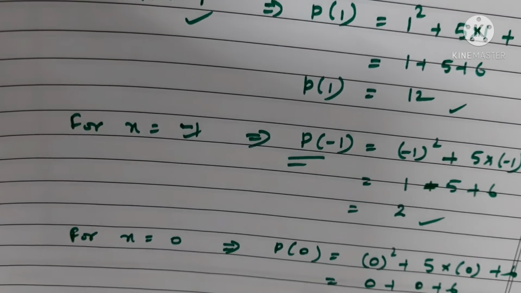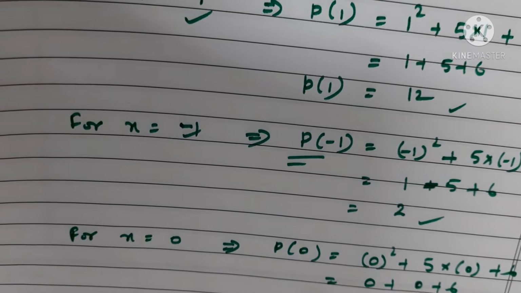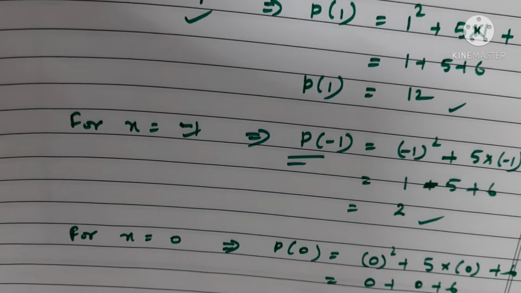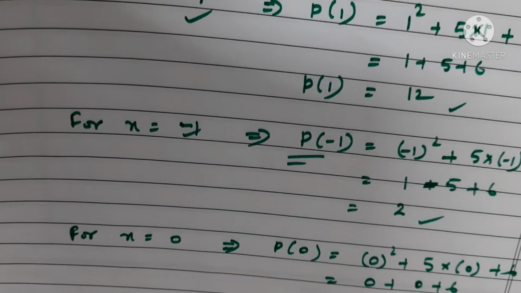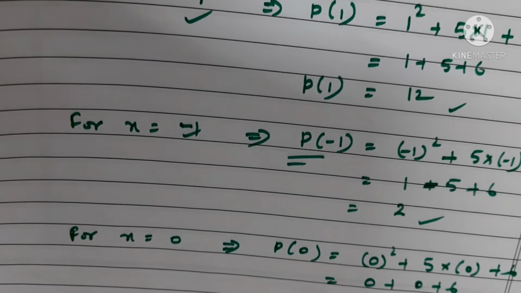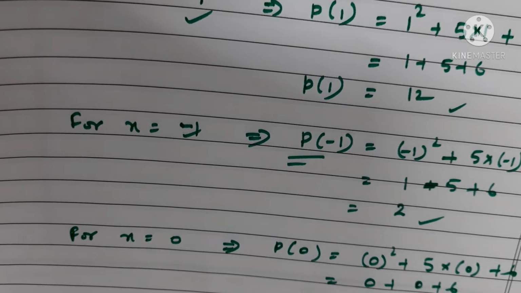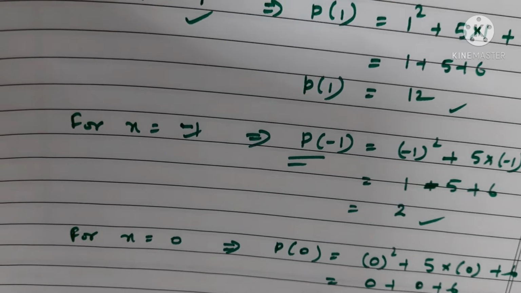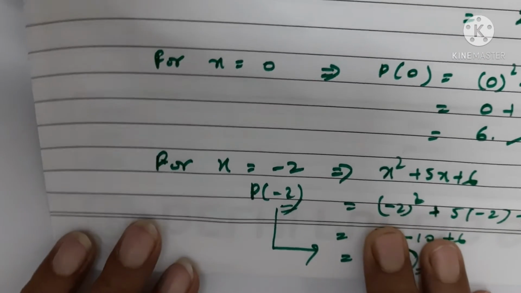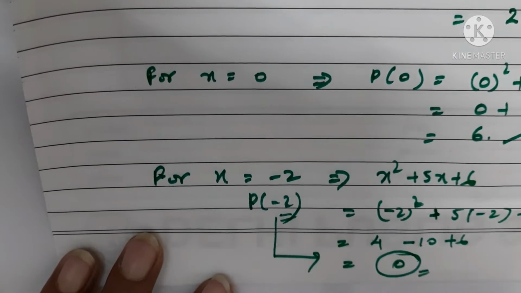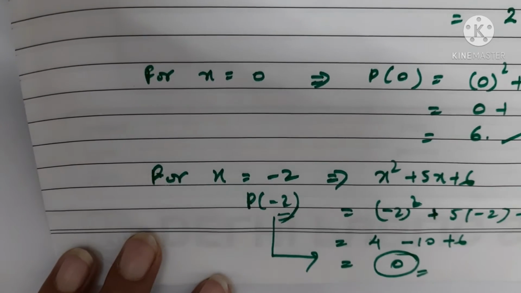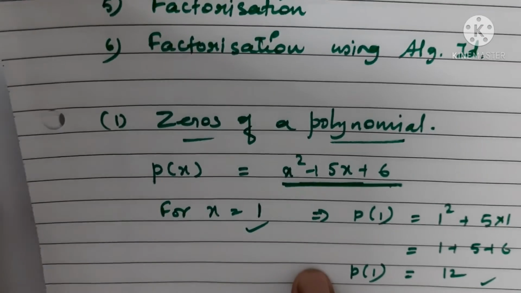So for the value of x, if we get the value of the expression equal to 0, then the value of x is said to be the 0 of the polynomial. Understood? Okay.